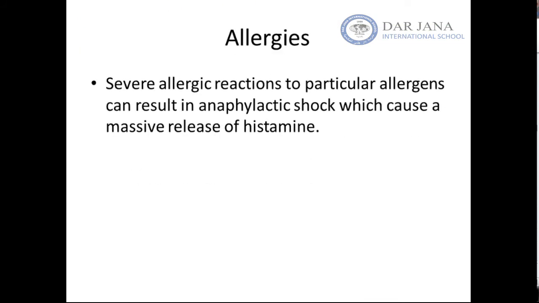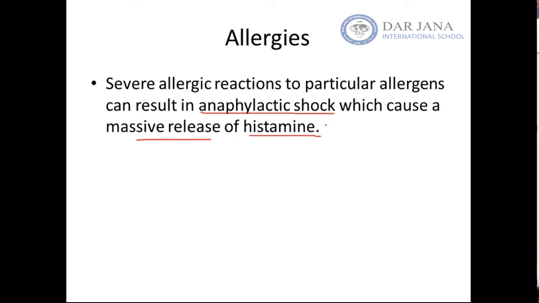Now certain individuals develop severe allergic reactions that can lead to more severe symptoms than the ones we just mentioned. They can be severely allergic to certain allergens, and this can result in something called anaphylactic shock, which causes a massive release of histamine.